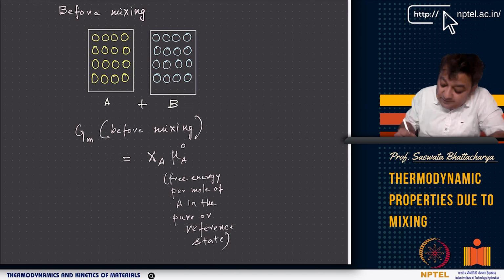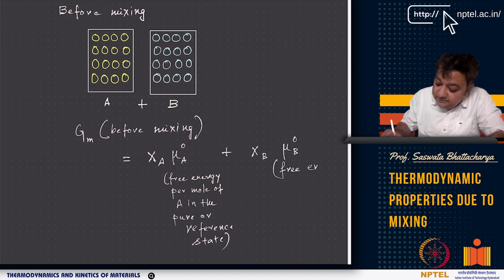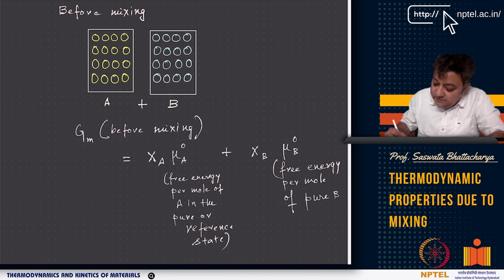And then you will have XB mu B 0. Again, this is the free energy per mole of pure B in the pure or reference state.